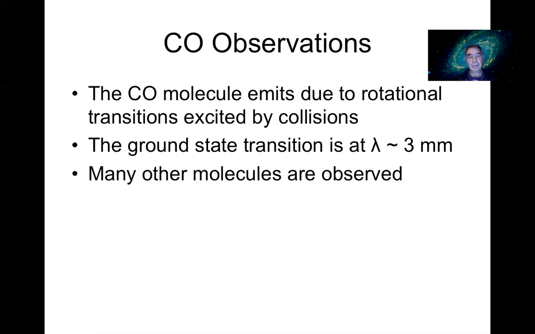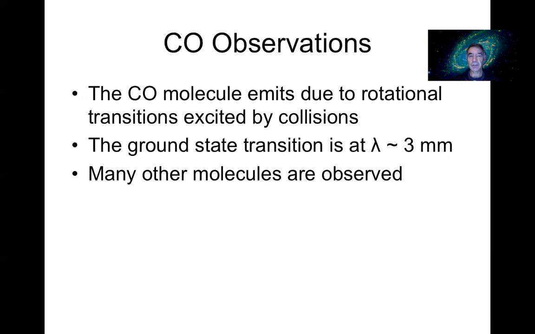Now there are pretty much hundreds of different molecules that can be observed out there in space. These clouds where molecular hydrogen exists, not only do they have CO, but all sorts of types of molecules are there. Other common ones would be things like methane and ammonia and water.